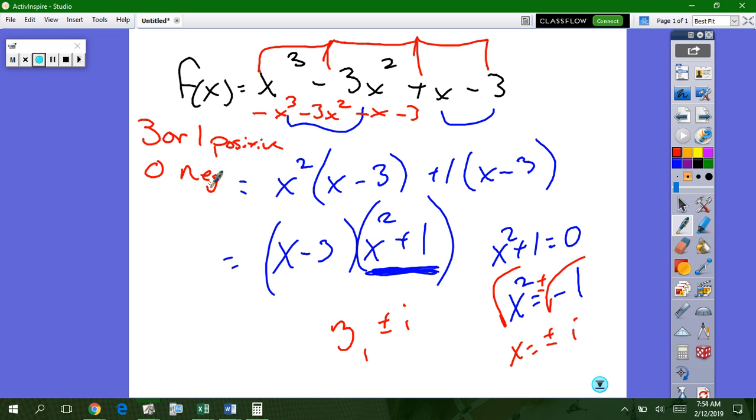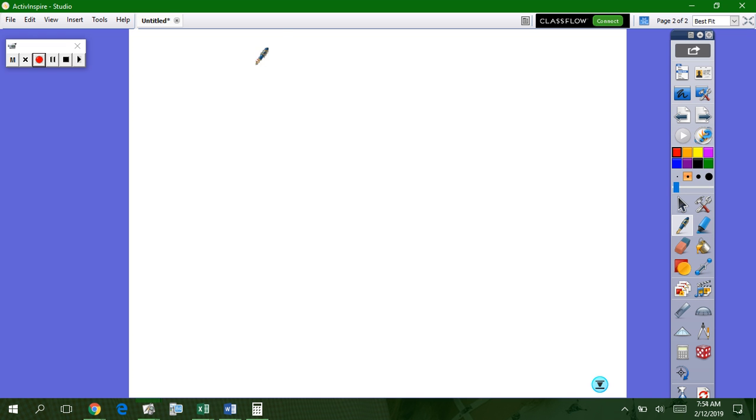I would also like to show you that if, once again, it was x cubed minus 3x squared plus x minus 3, I'd like to show you using synthetic. If they give you an imaginary solution, I can still use synthetic to find zeros.